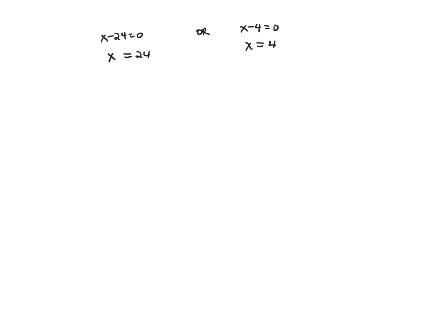Now, let's take a look at the 24. If x was 24, then it takes Tom 24 hours to paint the fence himself.